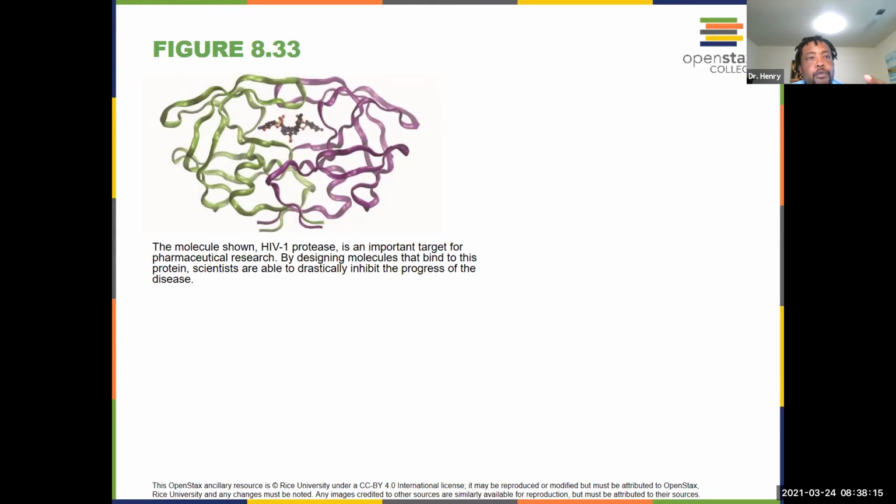When we talk about proteins, they have four types of structures. You have your primary structure, which is just the order of the sequence of the amino acids. You have your secondary structure, which is basically the folding of the amino acids, just basic folding.